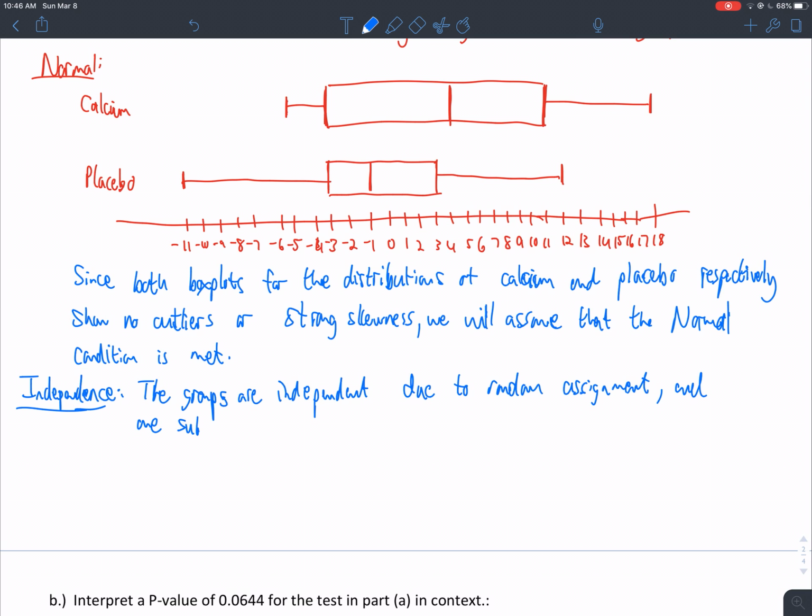one subject's change in systolic blood pressure is independent of another subject's.